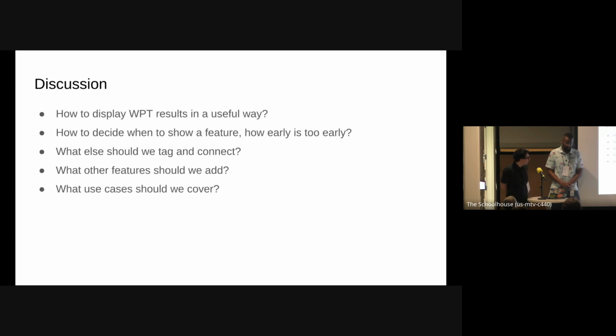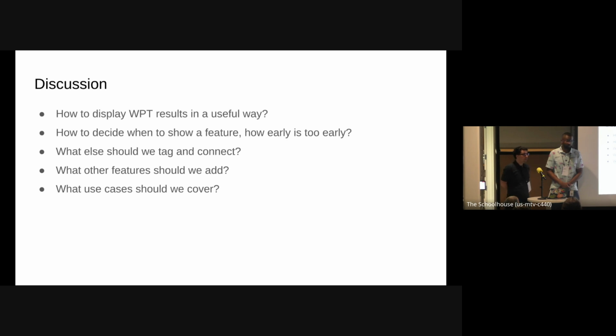We also have some others that we would like to hear about, where we know that the web platform dashboard isn't complete at this point. So as James already mentioned, we'd really like to hear about what other data sources are out there that would make sense to connect to web features.